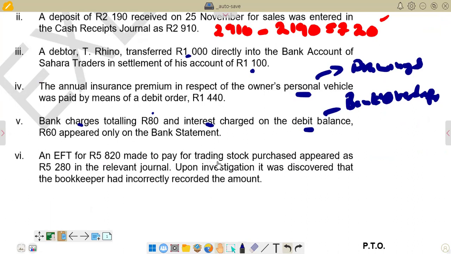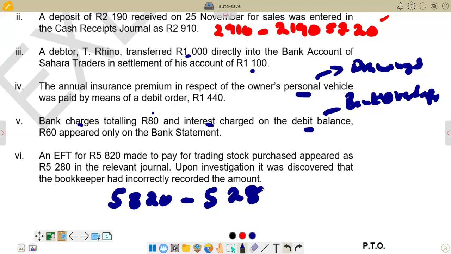So it means it was 5,820, but it was entered as 5,280. We know that if it's a payment, it will be on the credit side of the bank account or under the cash payment journal. So we entered a smaller figure. So we need to enter the difference again on the credit side so that it goes back to 5,820, which is the correct figure. So we're saying 5,820 minus 5,280.